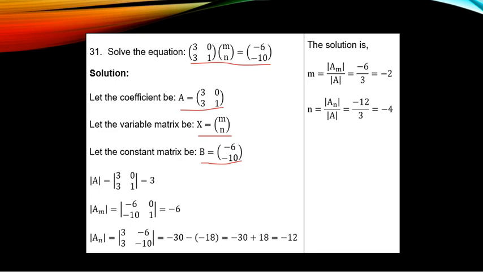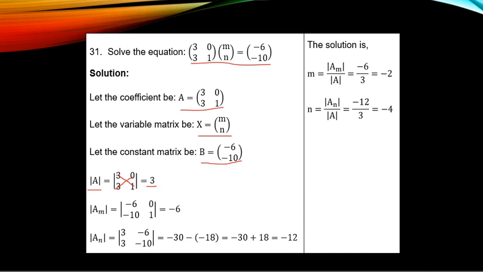First, the coefficient matrix, determinant of A, that is the coefficient matrix. So you look for determinant of A, that is 3 times 1 is 3 minus 3 times 0, and you have 3.